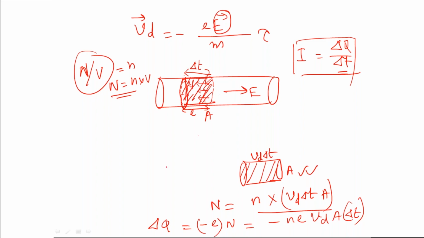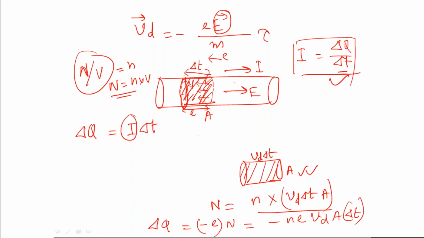And from the definition of the current also I can get the total charge, that is I into delta t, if my current flowing is I. Current always flows in the opposite direction of the electron flow. Electrons are flowing in this direction, and current is flowing along with the electric field.